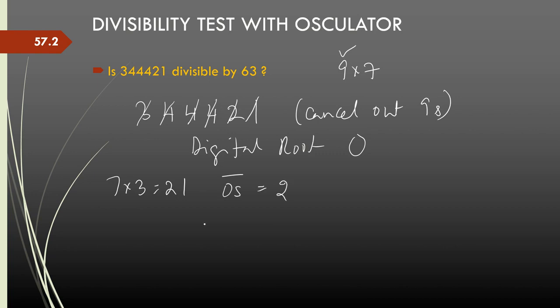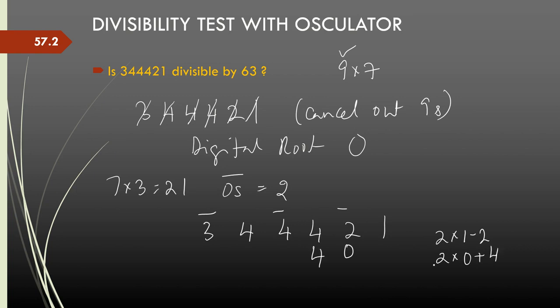Now, for 7, I have 7 into 3, 21, and my negative osculator is 2. So, I can do the negative osculation process. 3, 4, 4, 4, 2, 1. Let me mark the negatives, and the negative osculator is 2. So, it is 2 times 1 minus 2, it is 0. Then 2 times 0 plus 4, that is 4. Then 4 times 2 minus 4, which is again 4.